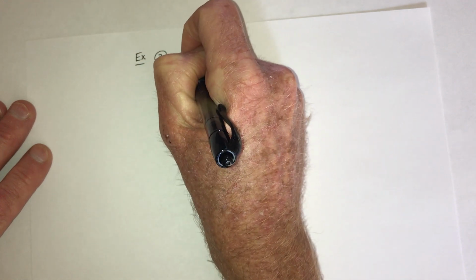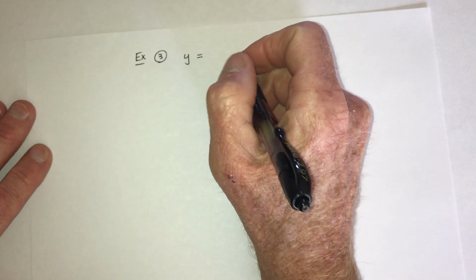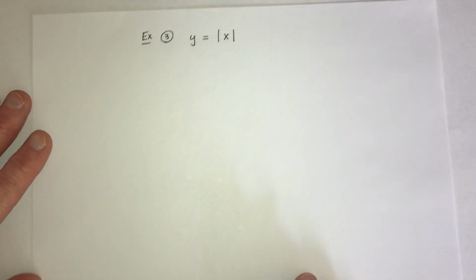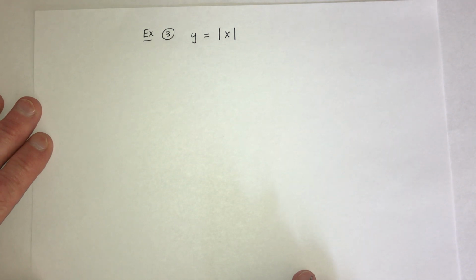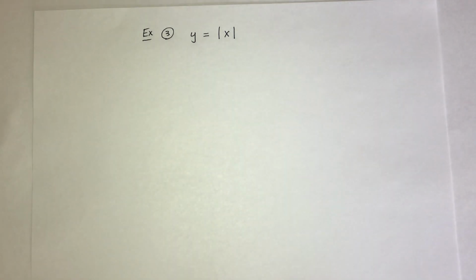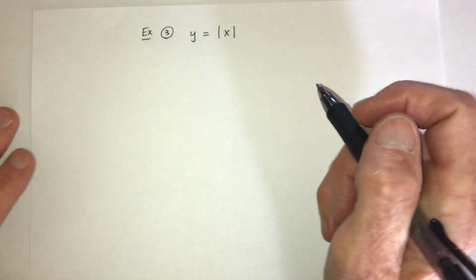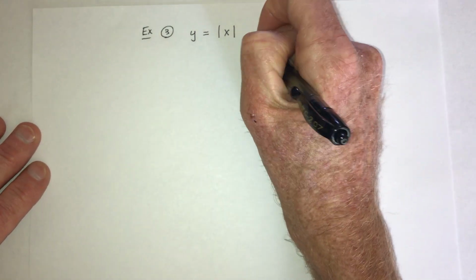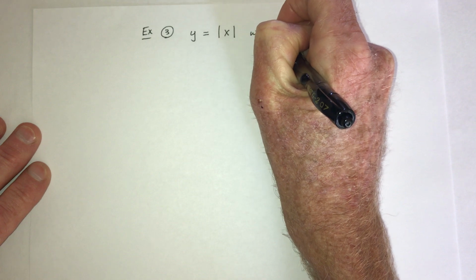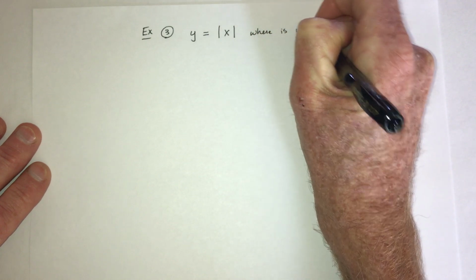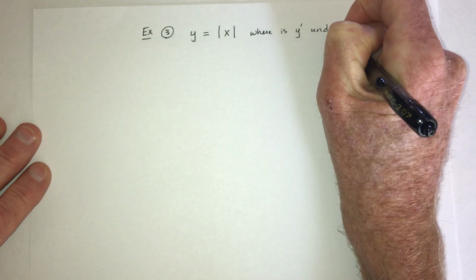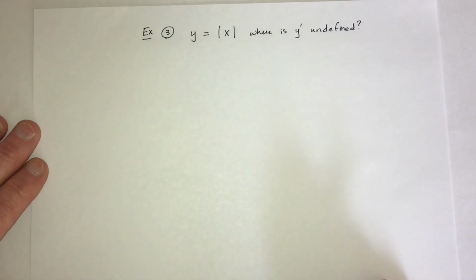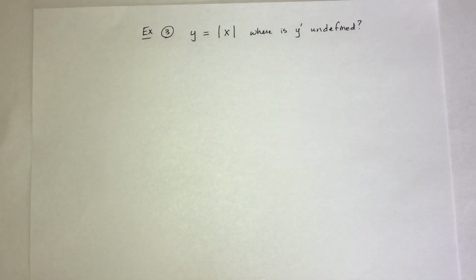How about if y is equal to the absolute value of x? Well, let me finish my question. I forgot to do that. Where is y prime undefined? Where is it that the derivative does not exist?